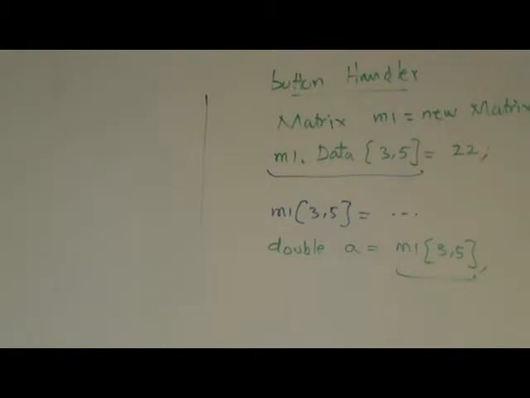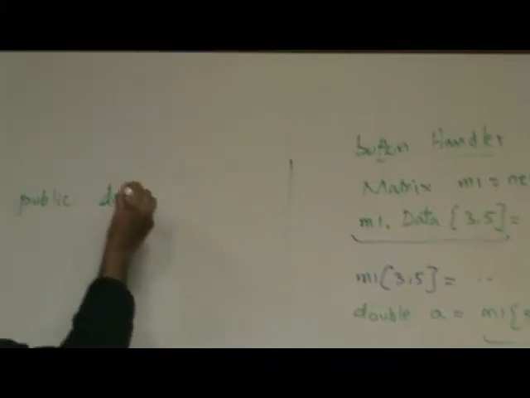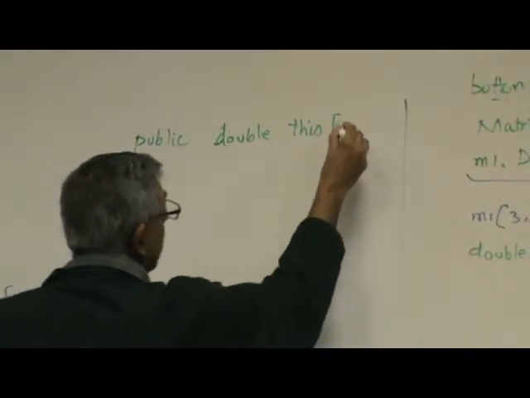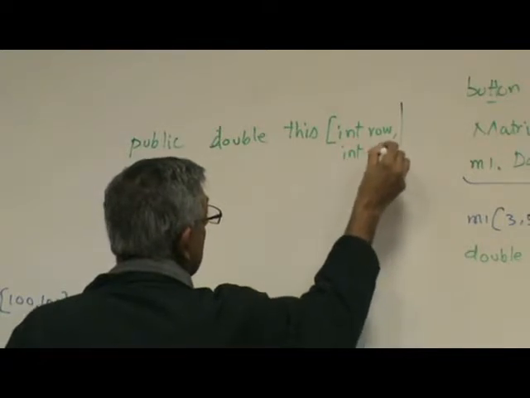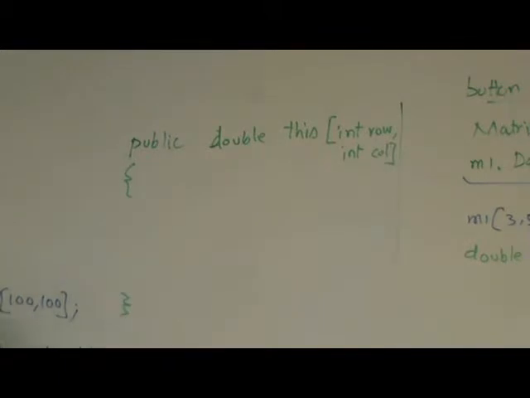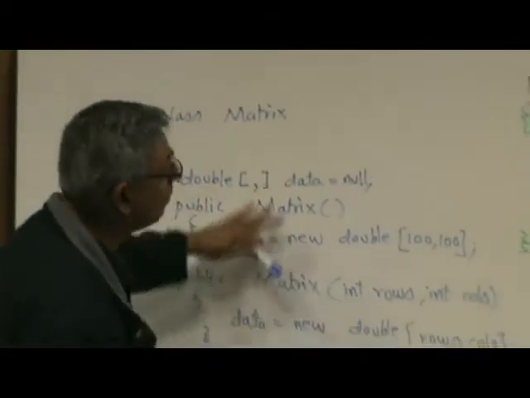Actually, it will return a double, right? So you will say public double this, and in the square bracket, let's say int row, comma, int column, right? So this means we can directly type M1 and we'll be able to access one of the fields over here, right?